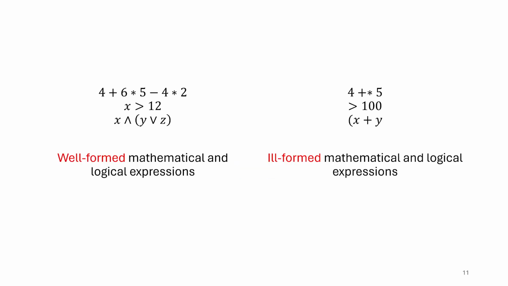So again, to make things explicit, on the left-hand side here, I have examples of what might be well-formed mathematical and logical expressions. These are not necessarily in any particular language. These are more mathematical versions of these, for the and the or symbol, for instance. But you can imagine versions of these appearing in your code inside of an if, maybe for some of these logical ones, or as just part of some of your computation for the arithmetic.